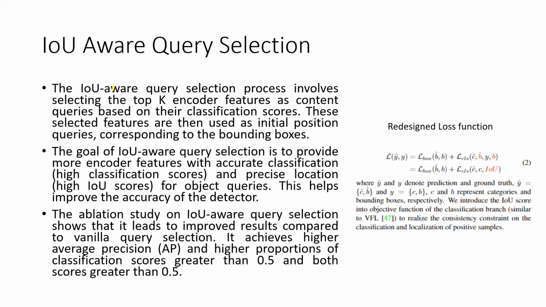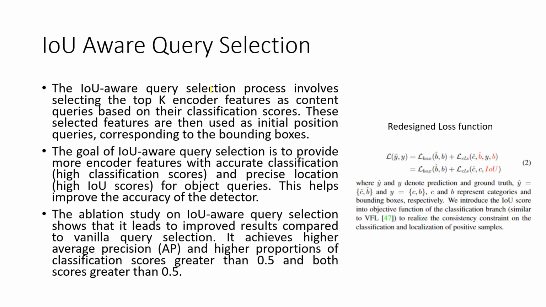So what is the IoU query selection method? It is the way to select the queries for the decoder based on the bounding boxes and classification score. In the decoder, normally we select a certain number of queries for downstream tasks.